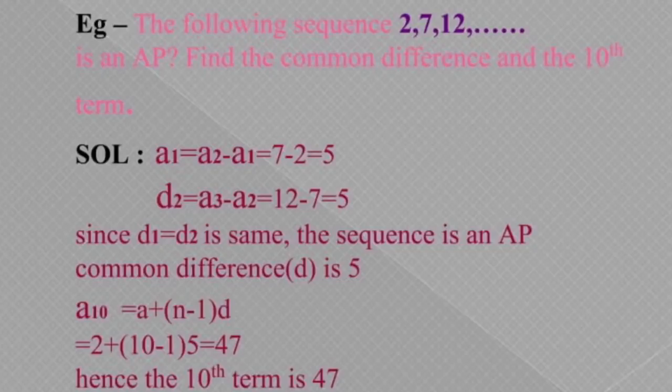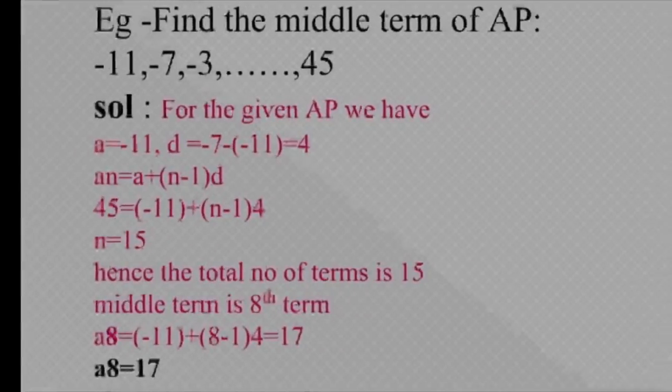So let us put n is equals to 10 in the formula. So we have a10 is equals to a plus 9d. What is a here? 2. So 2 plus 9 into 5. 9 into 5 is 45. 45 plus 2 is 47. Therefore the 10th term is 47.